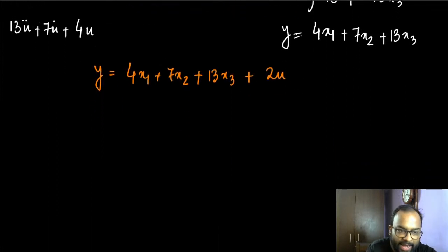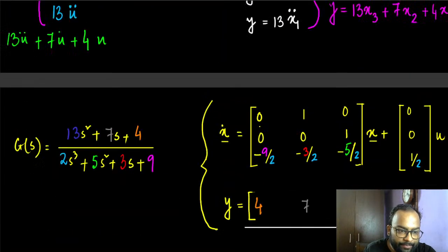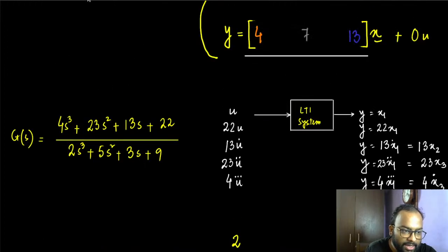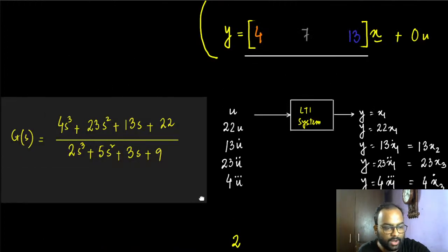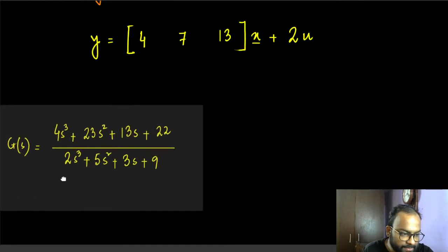Okay? So I need to write down the output equation, and the output equation simply becomes 4, 7, 13 x plus 2u. Okay, plus 2u. So here, let me go back and let me tell you that this was the system for which we wanted to figure out the corresponding state space model.